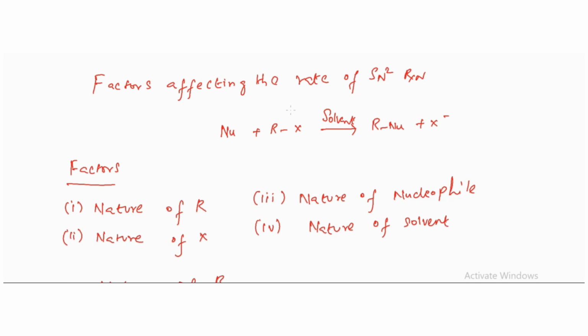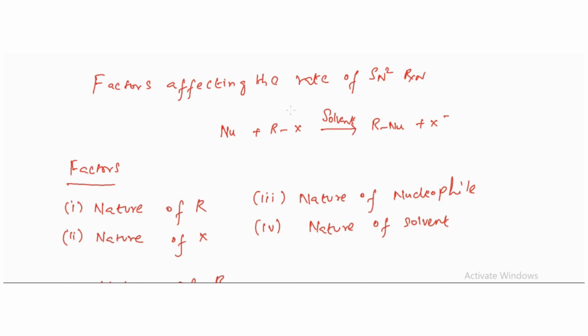The nucleophile always approaches the halogen-connected carbon from the back side. This is the first. The second key step is that the nucleophile-carbon bond formation and the carbon-halogen bond breaking happen simultaneously. That means the reaction takes place in a single step.